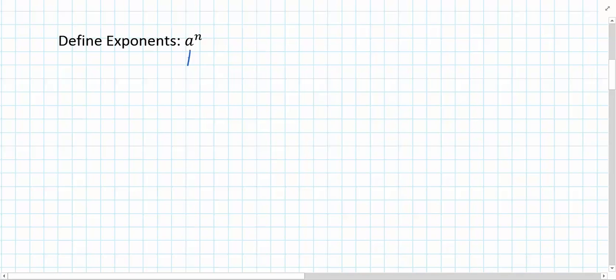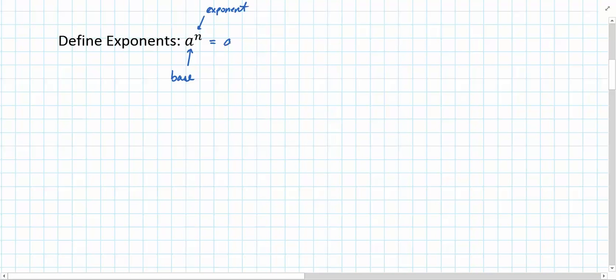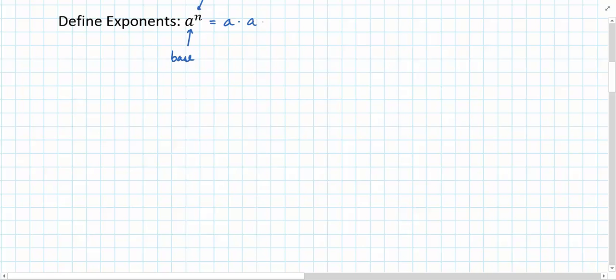So what we have with our exponents is that some base value a and its exponent n represent the multiplication of a repeated n number of times. So a to the nth power would equal a times a times a, etc., a total of n times, or for n factors.